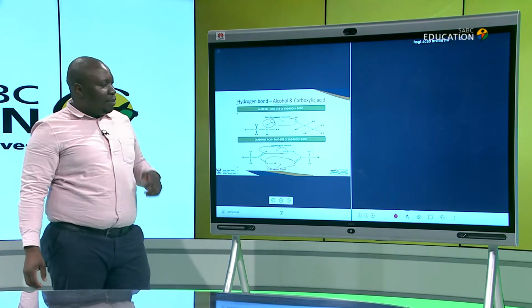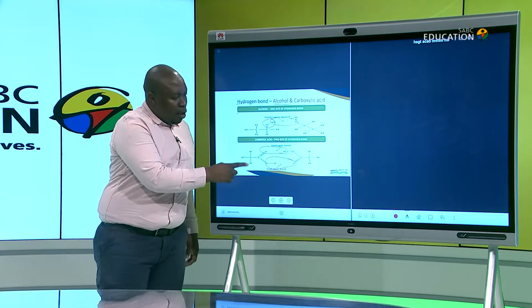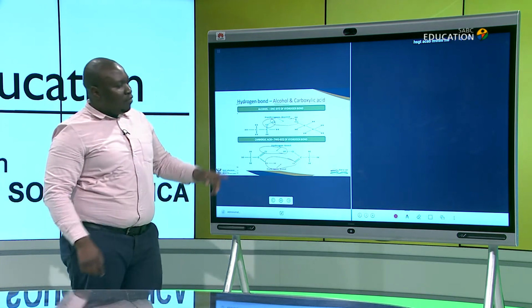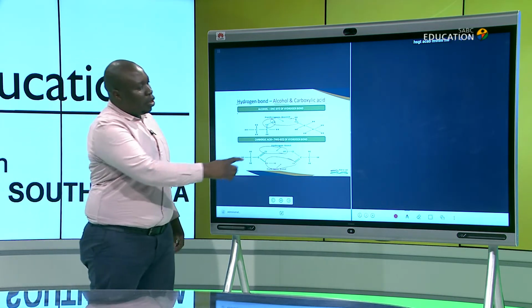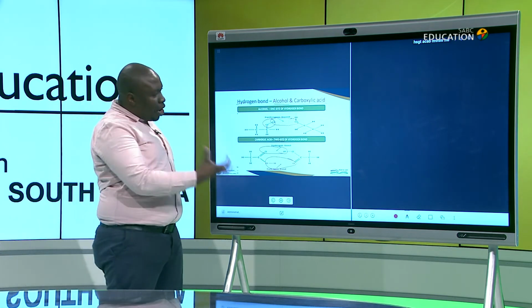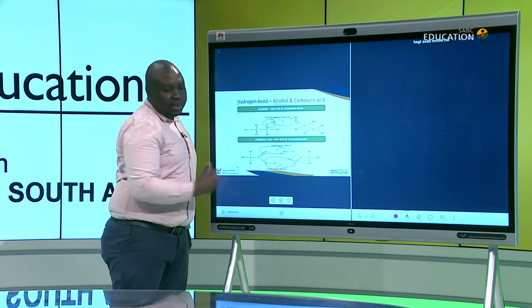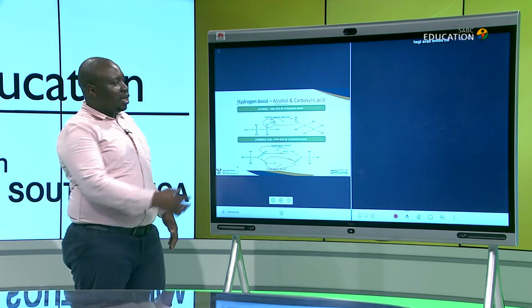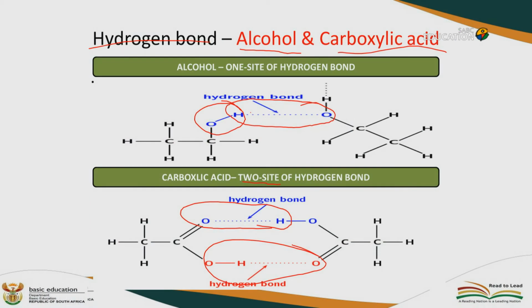So as I recap, for carboxylic acid, more energy will be required to overcome the intermolecular force. Why? Because we have two sides of hydrogen bond. Whereas for alcohols, more energy will be required, but it will be less as compared to carboxylic acid, because it has only one side of hydrogen bond.